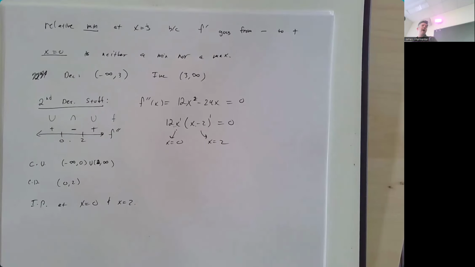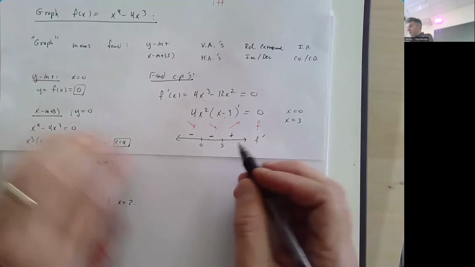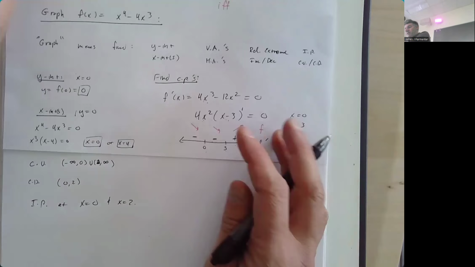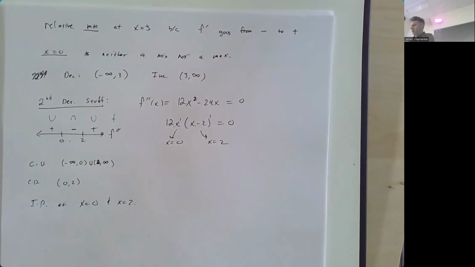Now, if I was really trying to graph this nicely, for each important point I found, intercepts, critical points or extrema, and inflection points, I would also find the corresponding y value. So looking back at the previous page for a second, for my relative minimum at x equal to 3, I should plug that into the original function to find the y value. It's going to be kind of gross.